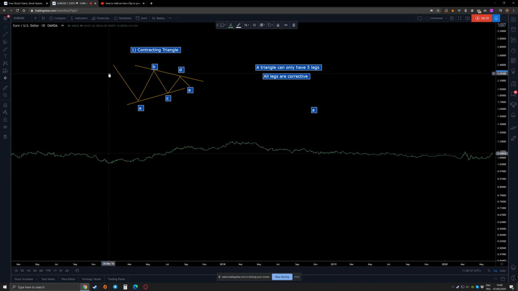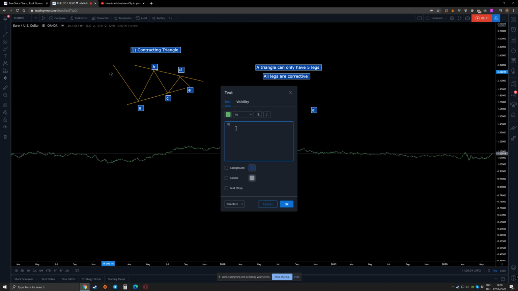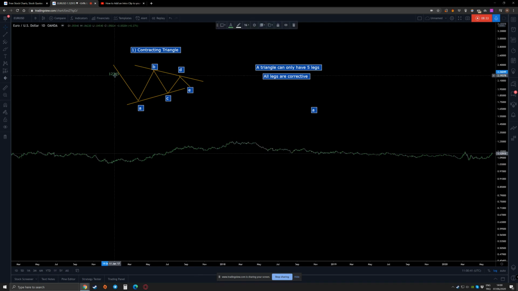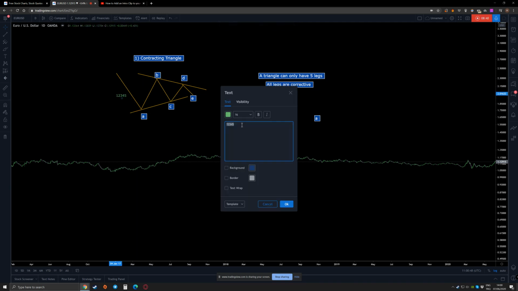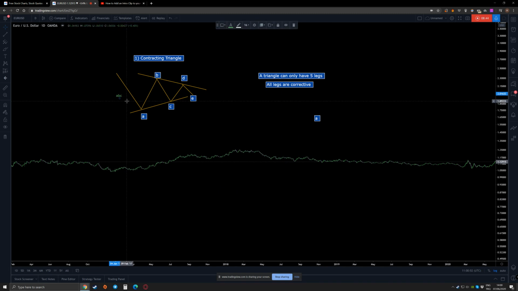If in this one lower degree you try to find 1, 2, 3, 4, 5, it means that you're making a mistake, because all of these legs are corrective. It means that one degree lower, they can all be ABCs, by which I mean, of course, a corrective wave. It doesn't have to be just ABC, it can be ABCX, blah, blah, blah, but you get the idea. Okay?